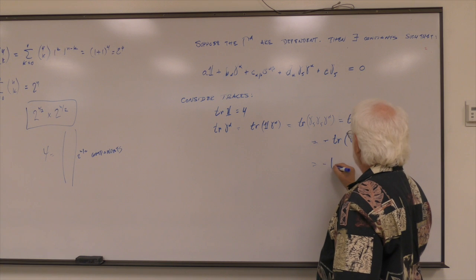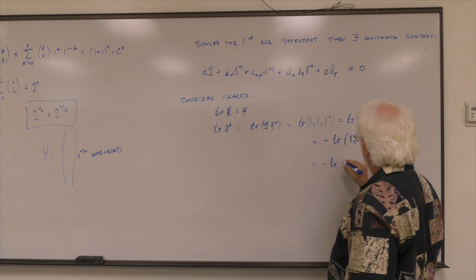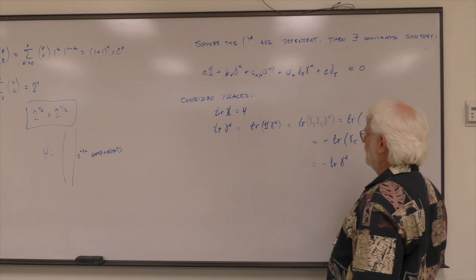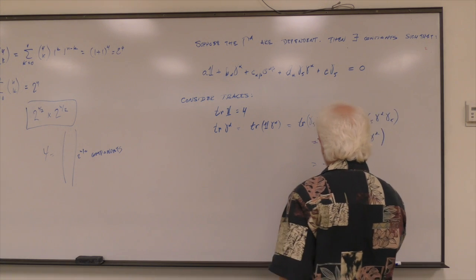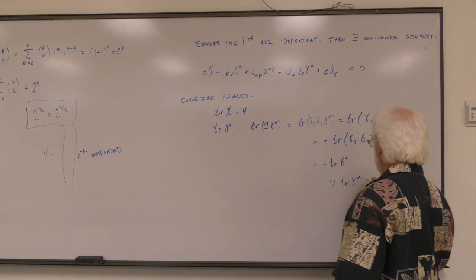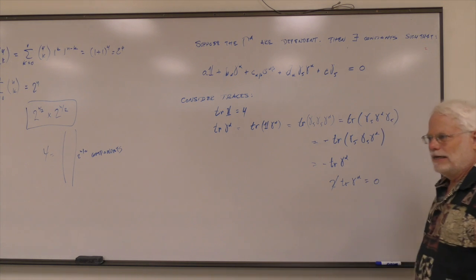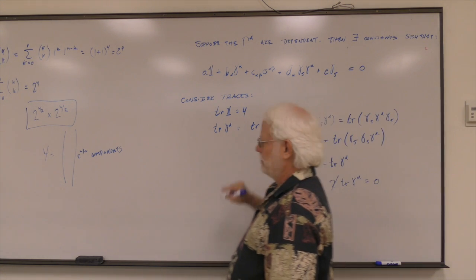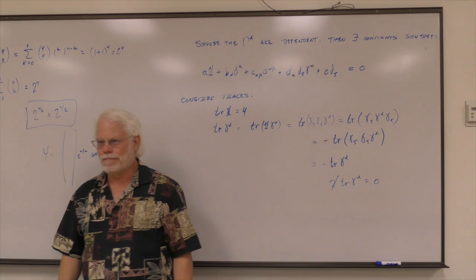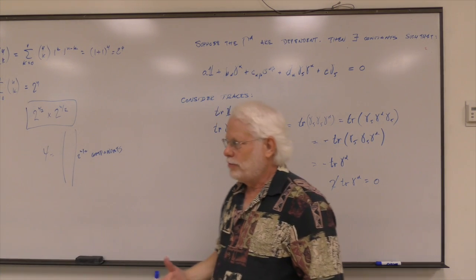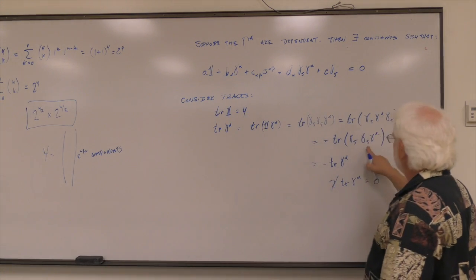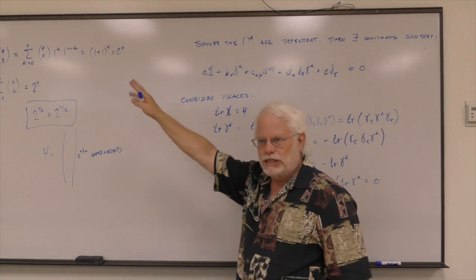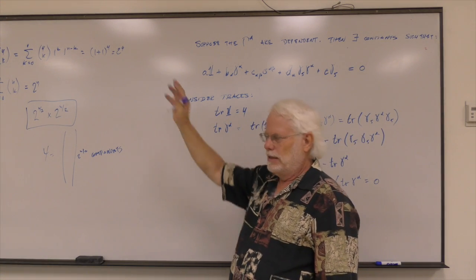And now this is minus the trace, gamma 5 squared is 1, so I'm back to gamma alpha. And combining these, twice the trace of gamma alpha equals 0, cancel the 2. And we have that the trace of the gamma alphas must be 0. That's independent of representation. Notice I only used the properties of anti-commutation of the Clifford algebra.